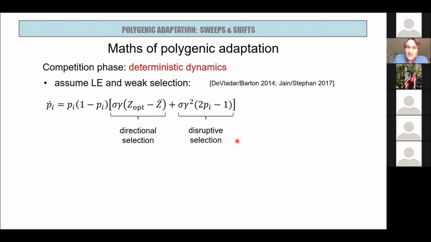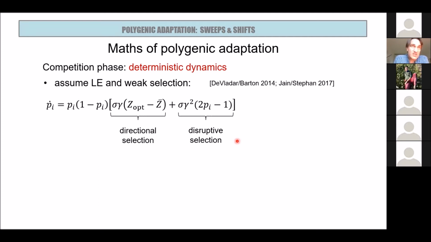Now the reason is, once we are really very close to the optimum, then alleles, if they adapt, can overshoot this optimum, and then mainly what happens is that there is selection against genetic variation, right?